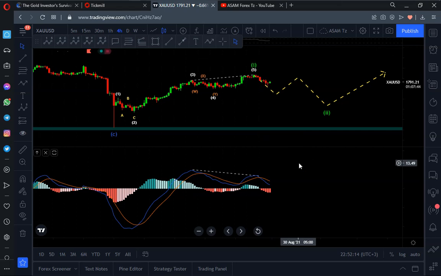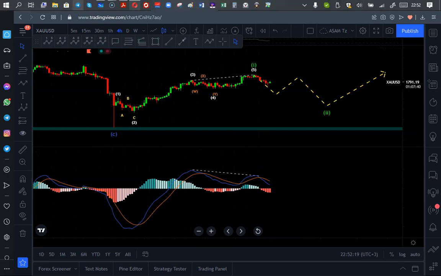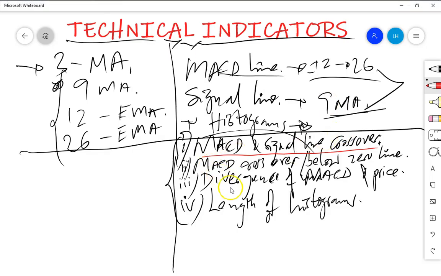Then I can add things like the idea of histograms. Now the last use is the length of histograms.